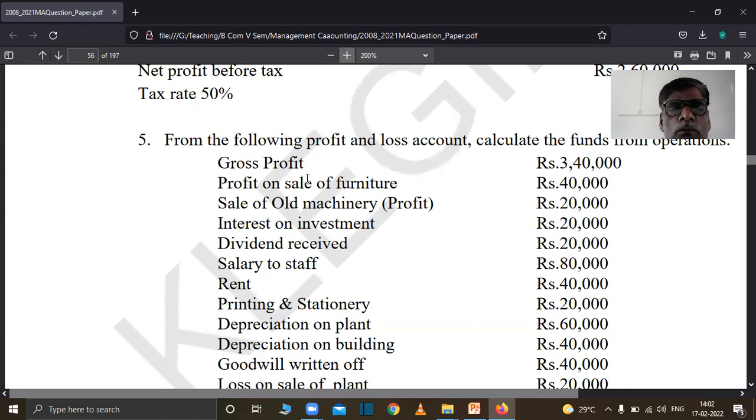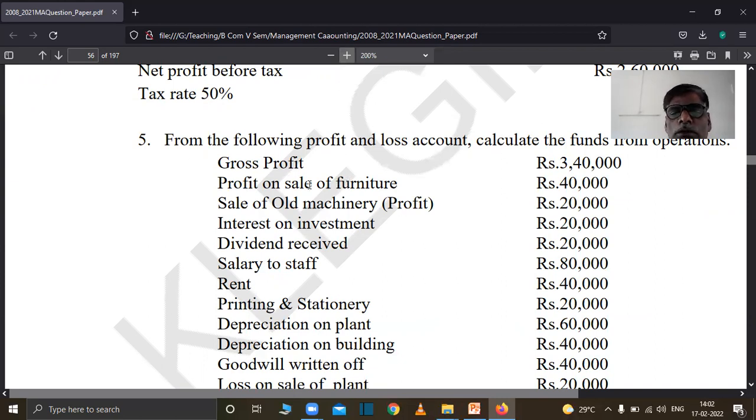Operating income minus operating expense will give you operating profit. But as you already studied, taking into account the net profit, you follow the same method. You take the net profit, add non-operating and non-cash expenses, and deduct non-cash and non-operating incomes. Out of the given items, you check the non-operating and non-cash expenses and incomes.